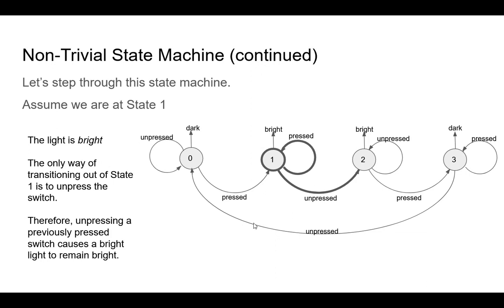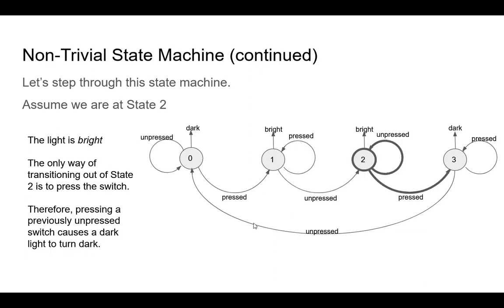Let's look at how state 2 behaves. We stay in state 2 as long as we have our finger off the switch, okay? So the switch is unpressed, but we didn't change the light, right?